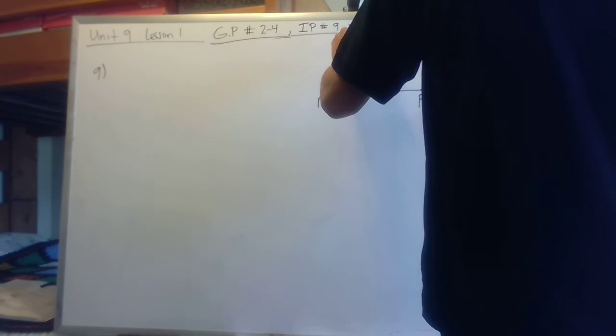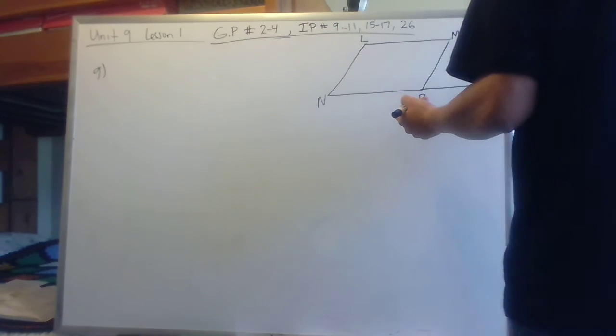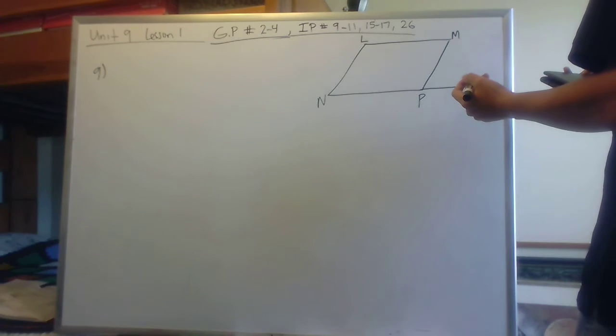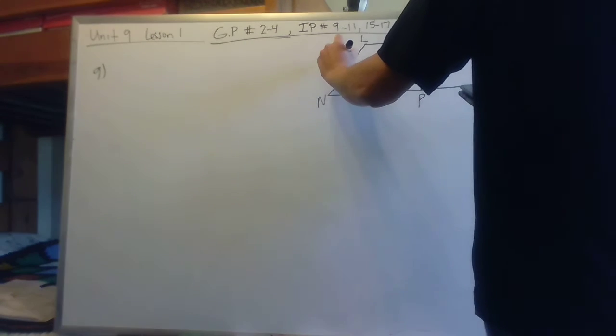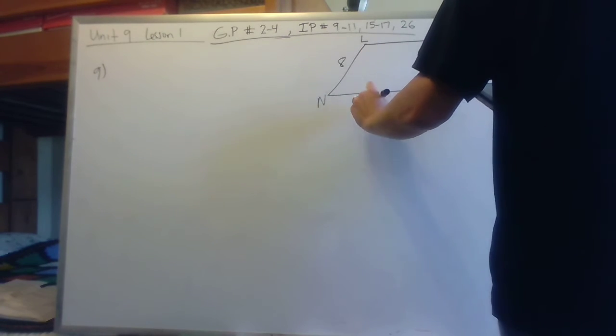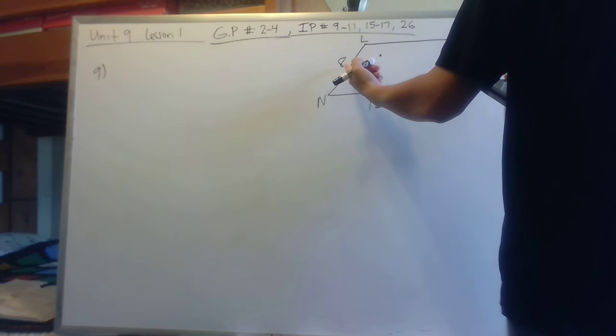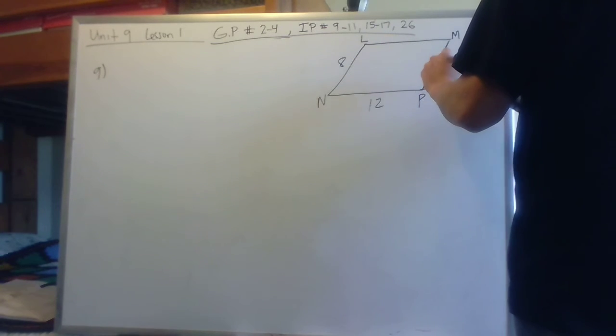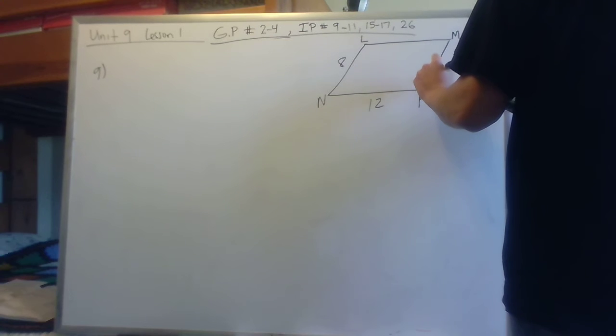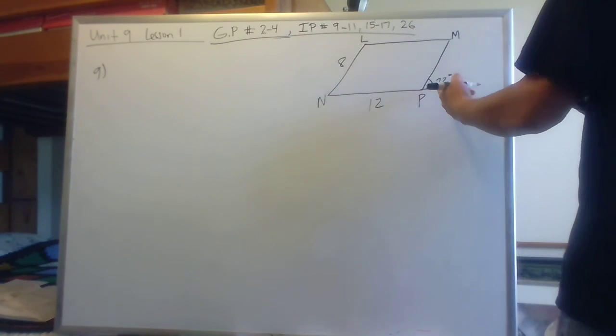So we have parallelogram L, M, N, and P, where side LN is 8, NP is 12, and then this angle right here, angle P, is 72 degrees.